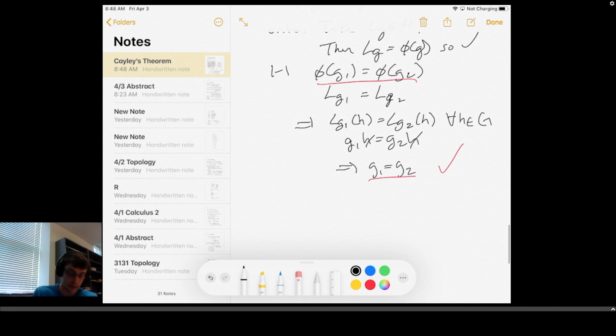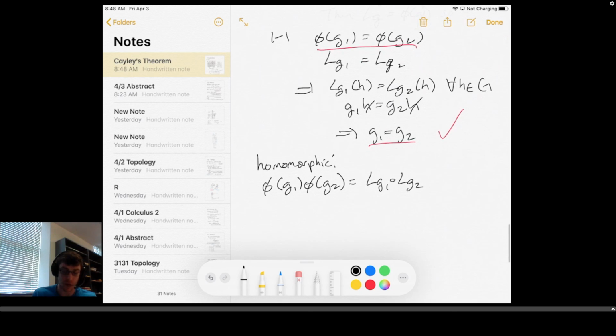And then the last step is homomorphic, right? So if we look at phi of G1 times phi of G2, well, this is L_{G1} composed with L_{G2}. But what was this equal to? We showed this above when we were checking that we had a subgroup and we were doing closure.